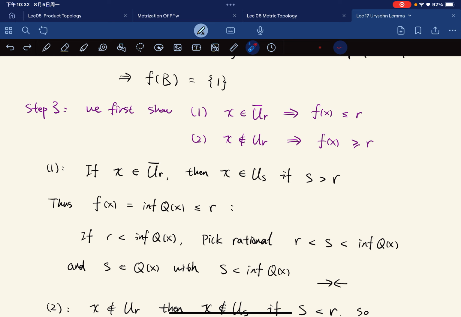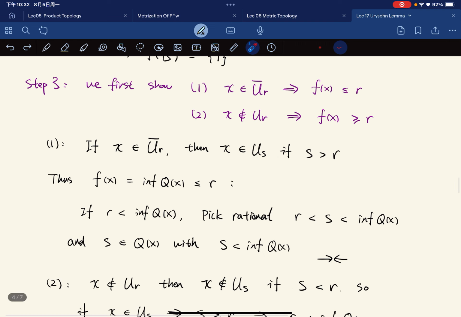Why? So we have if s is greater than r, then x is in us. So for this r, we claim this is true, right? So suppose that r is strictly less than the infimum, then we can pick a rational s that sits between them.